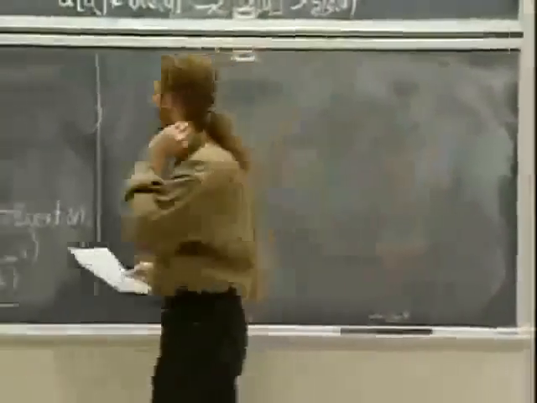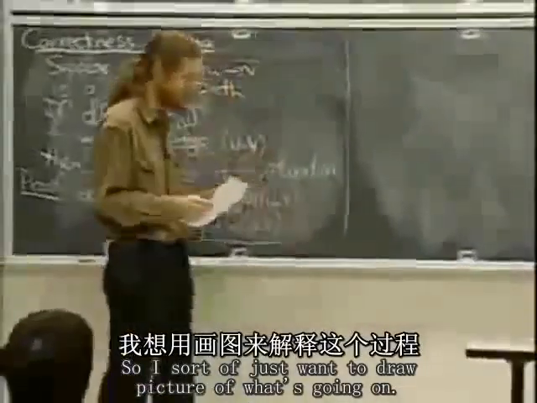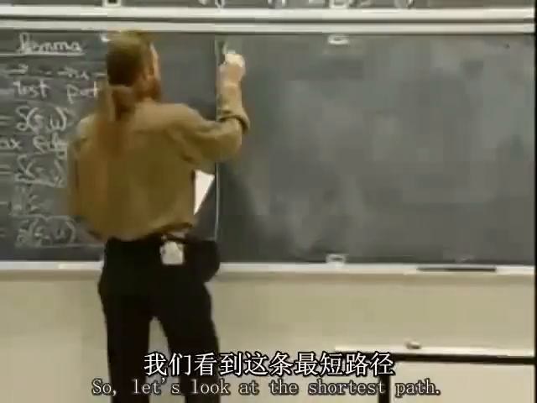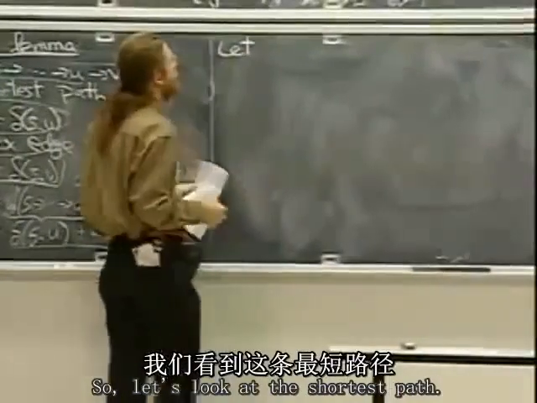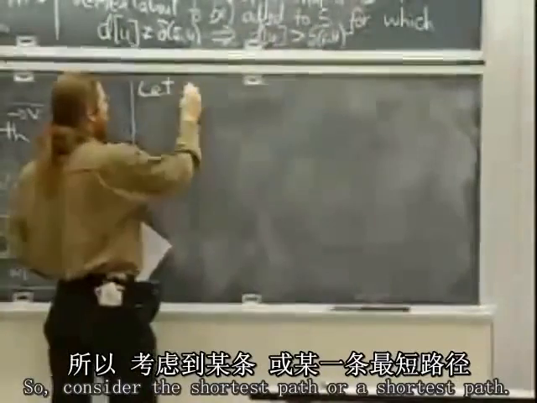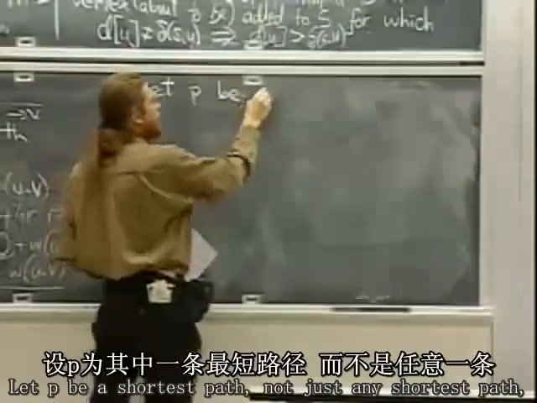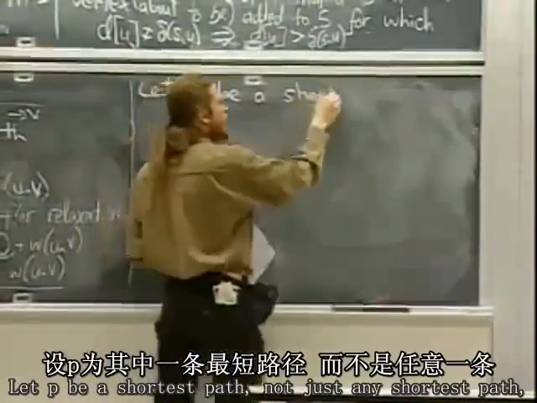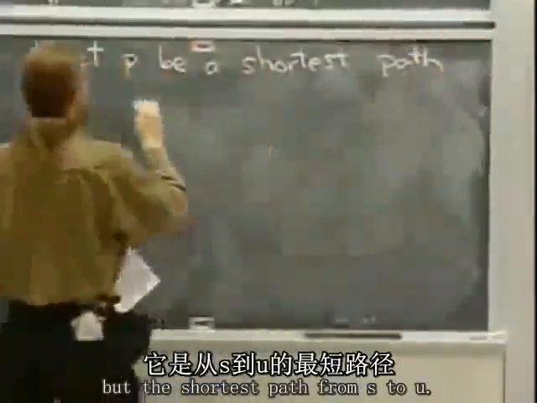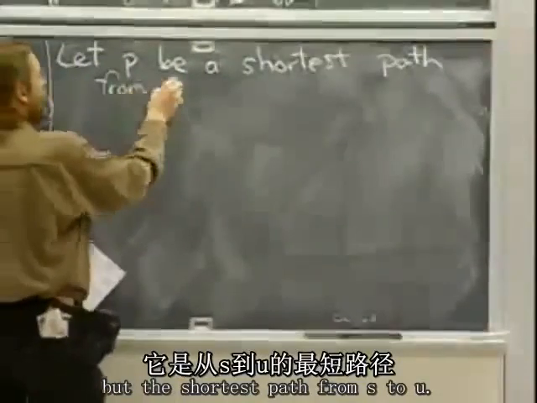So I sort of just want to draw a picture of what's going on, but I need a little bit of description. So let's look at the shortest path, right? Somehow d of u is greater than the shortest path. So consider the shortest path, or a shortest path. Let p be a shortest path, the shortest path from s to u.